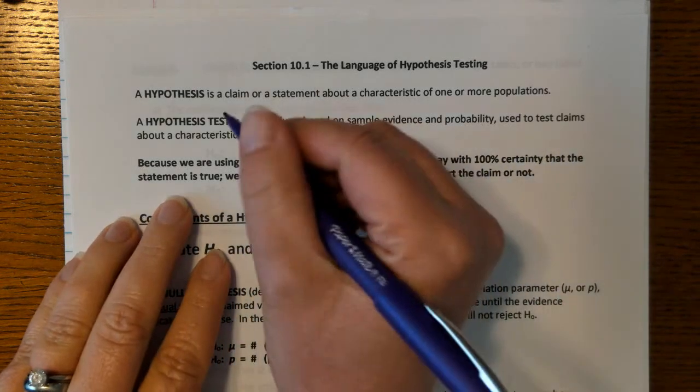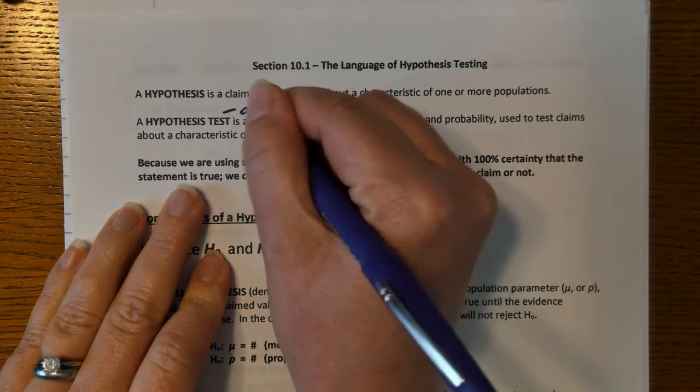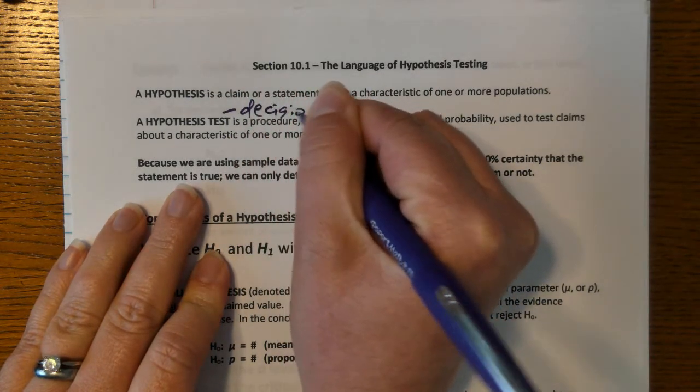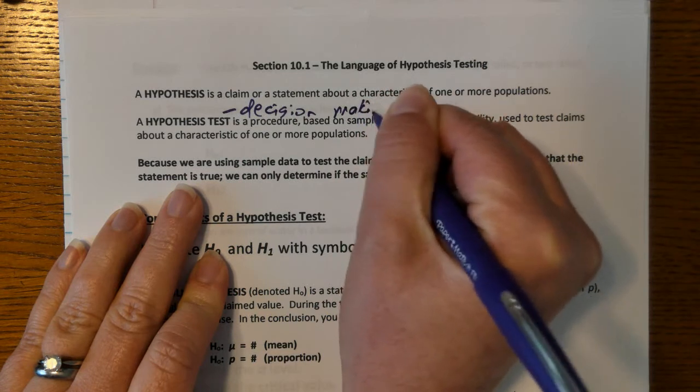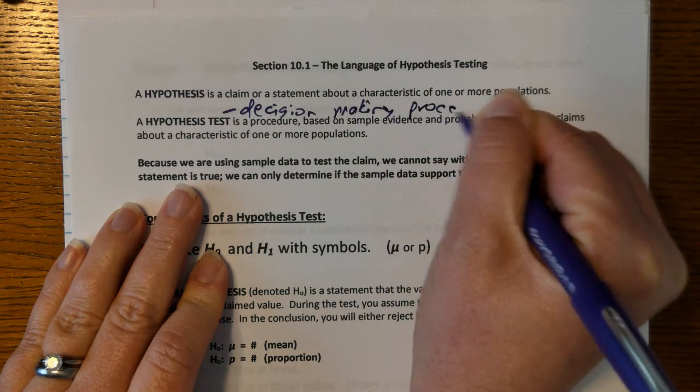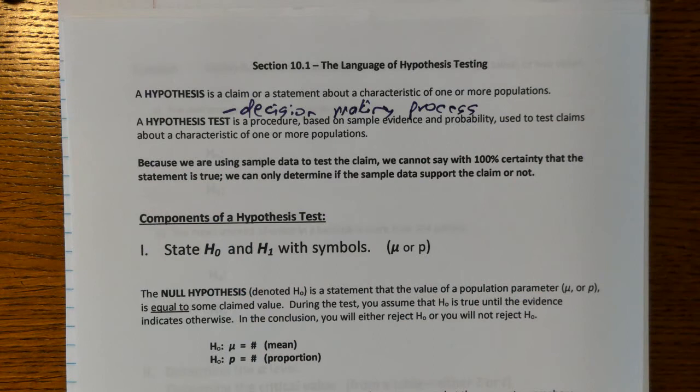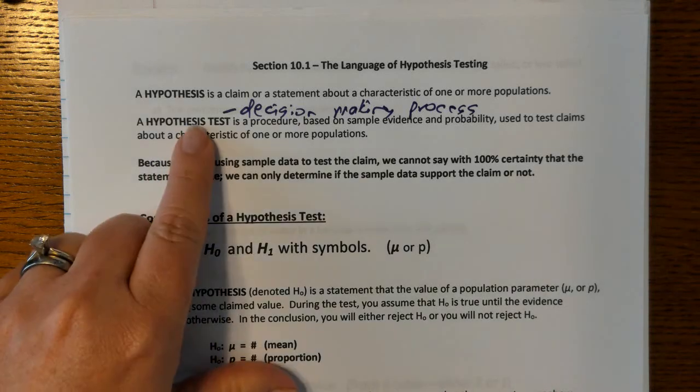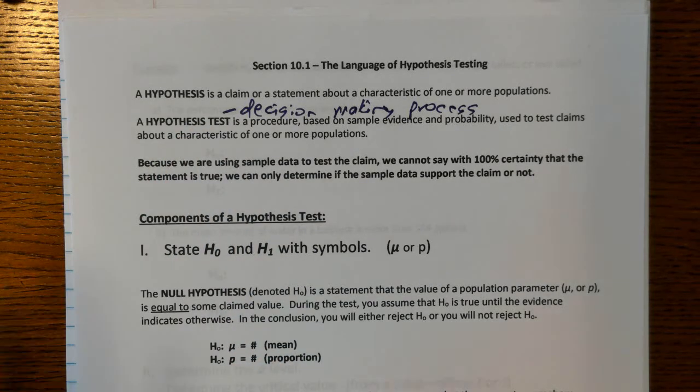I knew a professor one time that said a hypothesis test was a decision-making process. Okay, so you're going to make some decision, whether it's deciding what to eat for dinner, deciding what shirt to wear, whatever the case may be, you have to make a decision. And a hypothesis test is a way to make that decision.